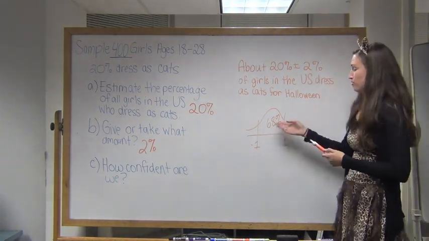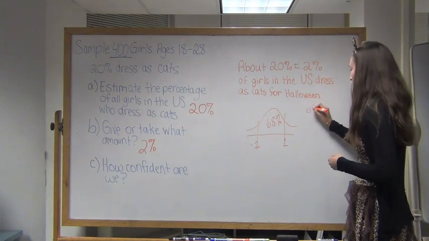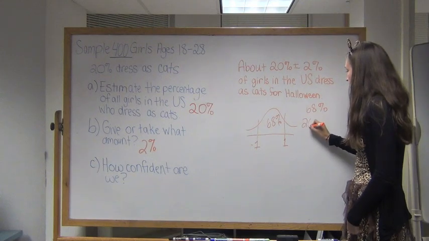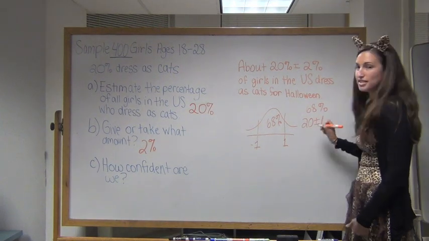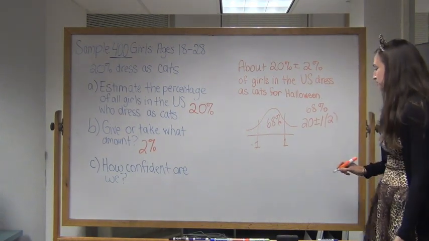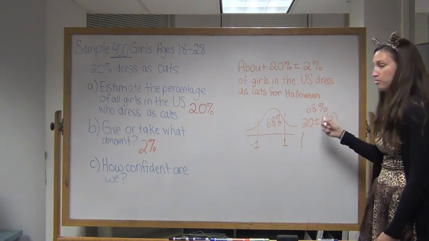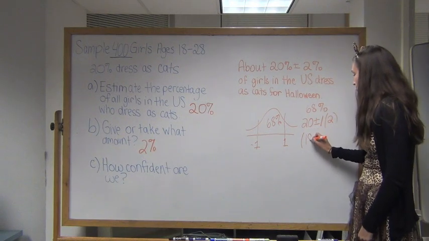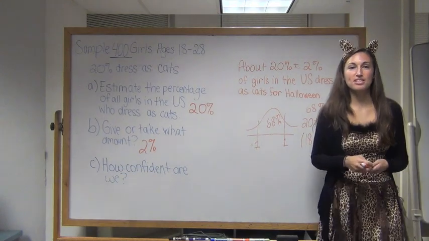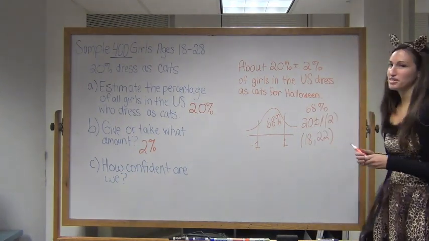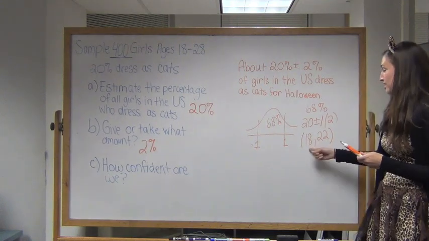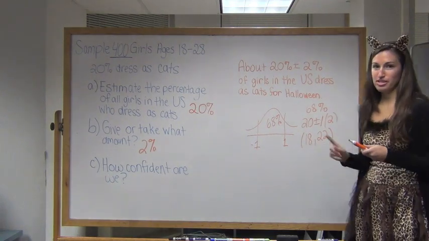So with our problem, if we wanted a 68% confidence interval, we would get 20 plus or minus 1 standard error, and our standard error we found was 2. So that interval would be 20 plus or minus 2, so 18 to 22. And a way to interpret this would be to say that we are 68% confident that our true population percentage is between 18% and 22%.